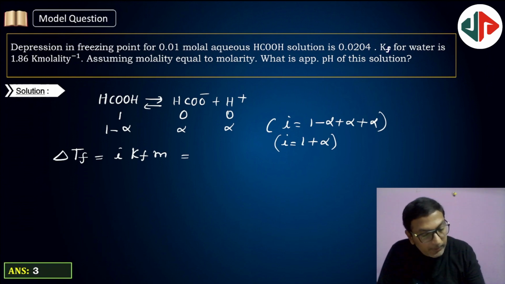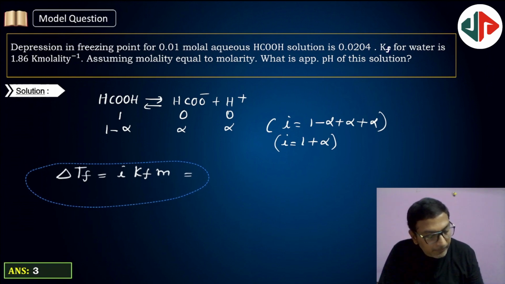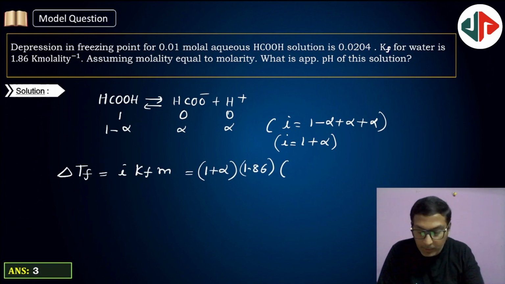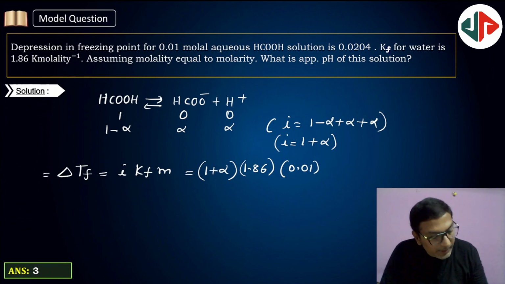So therefore delta Tf equal to i into Kf into M. i value 1 plus alpha. Kf value 1.86 into molarity, which is also given, 0.01. And delta Tf is also given, which is 0.0204.